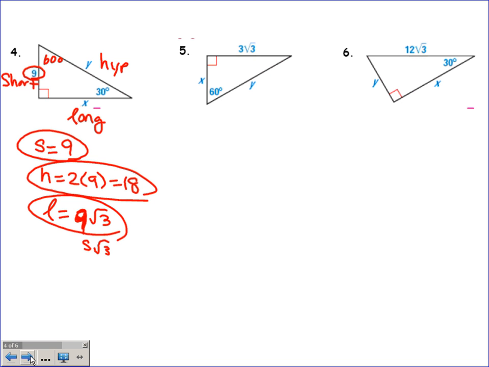Number 5. I want you guys to try this one on your own. Identify the missing angle. Identify each of the sides. Try number 5 on your own. Don't look at me. Try it on your own.